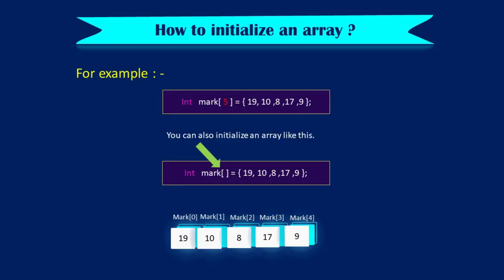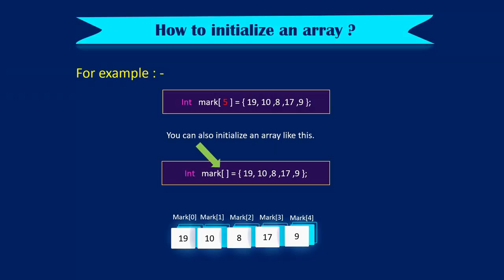Here we haven't specified the size. You can also initialize the array like this: mark[0] is equal to 19 and mark[1] is equal to 10, and so on, up to mark[4] is equal to 9.